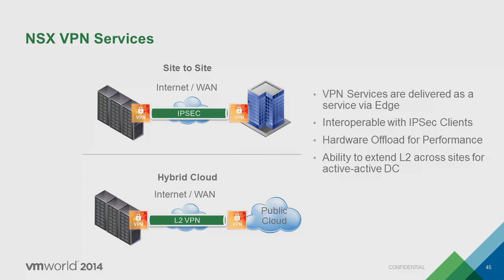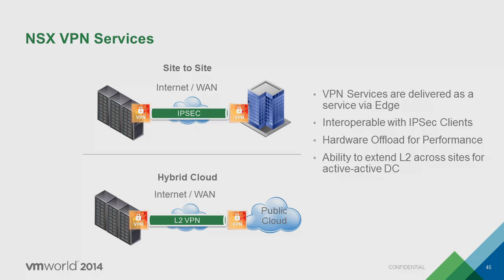The same goes for VPN capabilities. I would categorize this fundamentally into two pieces. One piece is site-to-site, or also remote access VPN. This is where you have your VPN client, or a branch, and you connect through an IPsec or SSL VPN tunnel to a centralized location. This is where the NSX Edge would terminate the tunnel, and we can have regular L3 VPN capability.